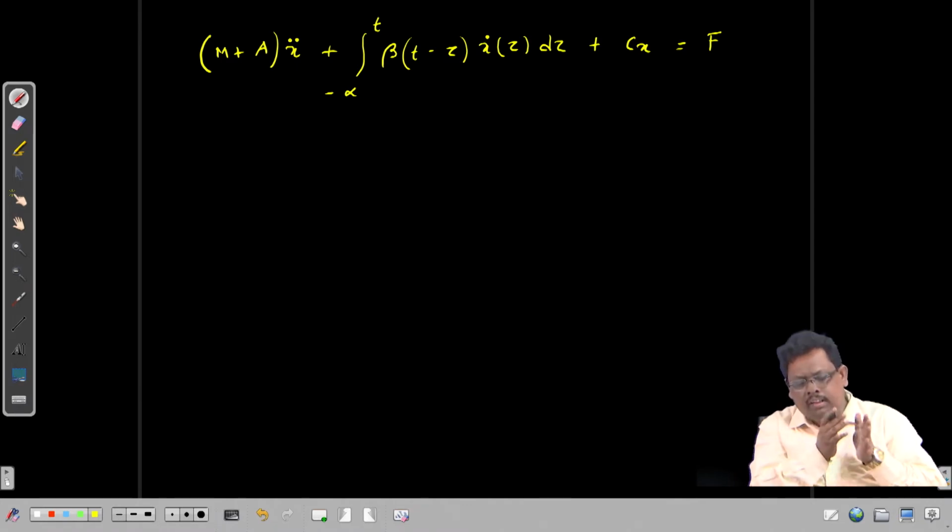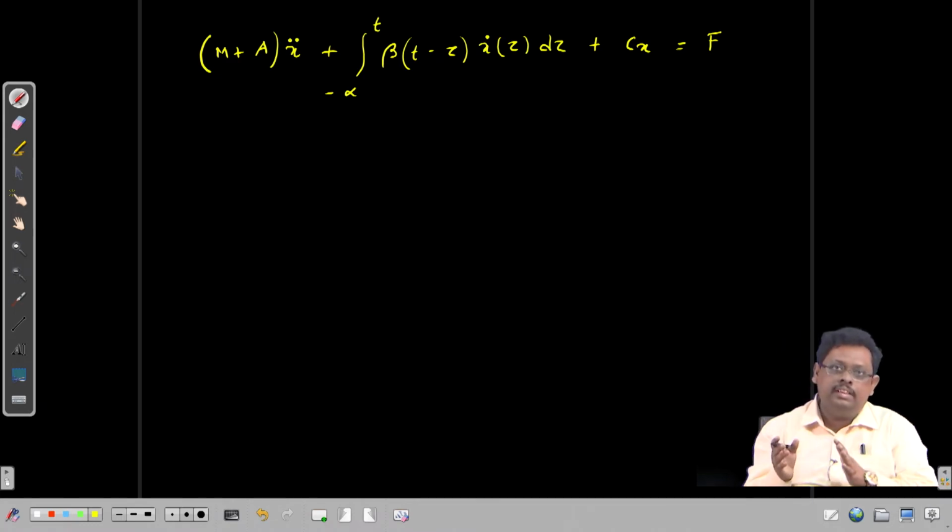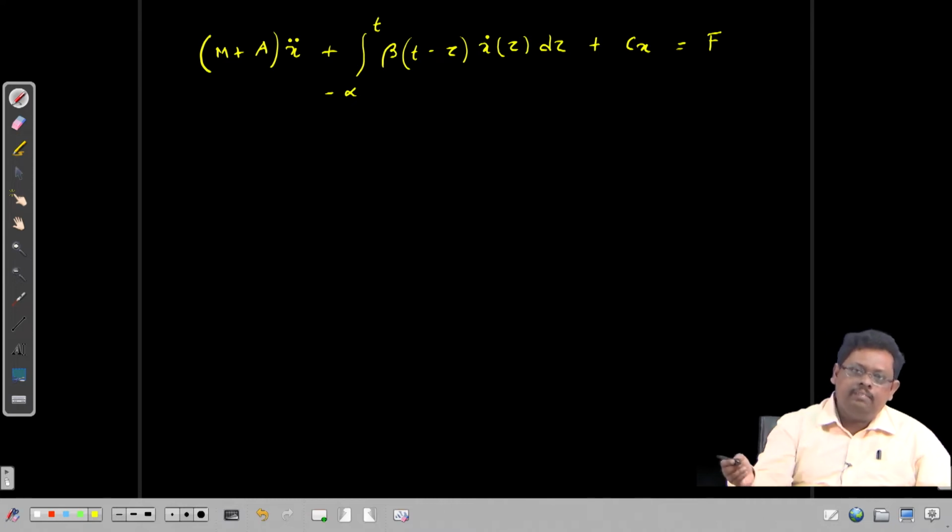Now, if we include here the 6 degrees of freedom equation of motion, then the same thing you can write in the form of a summation.